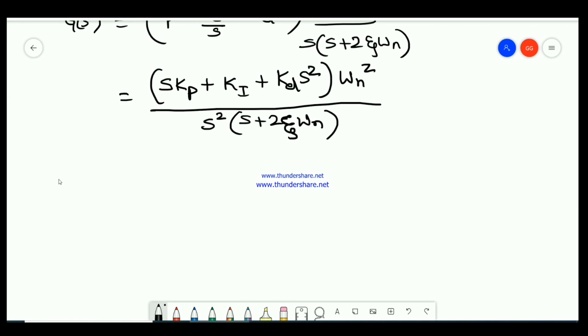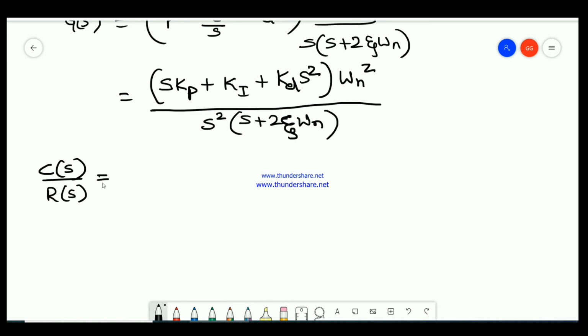Now we will apply this G of s to obtain the transfer function C of s by R of s. I will directly write C of s by R of s, where the denominator and all gets cancelled. We know that G of s by 1 plus G of s equation.